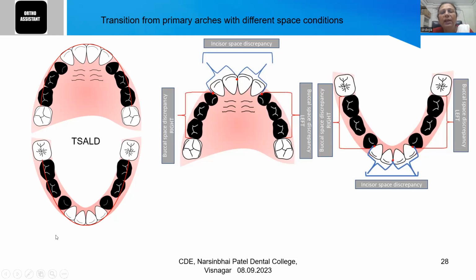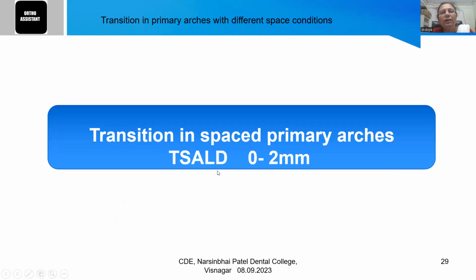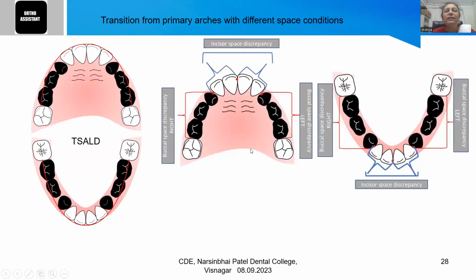Then you should go for the segmental type of space analysis, where you can take advantage of the leeway space and the incisor liability together.